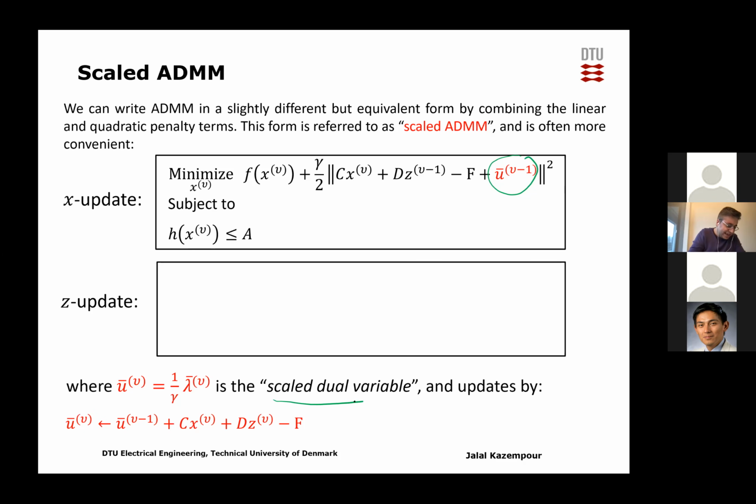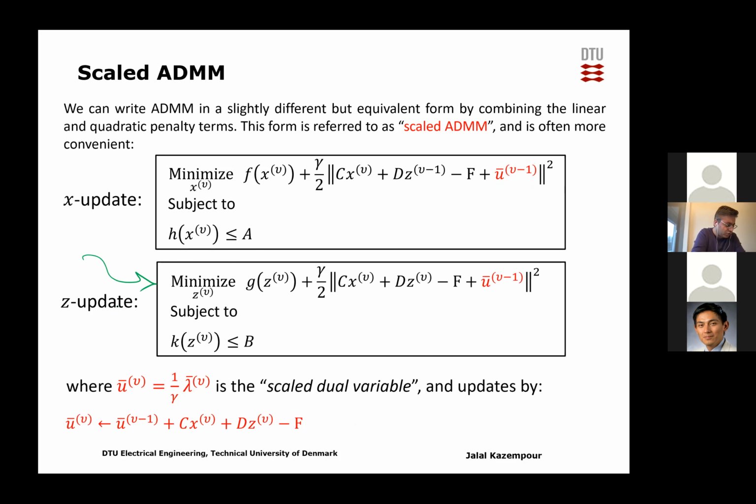We call it scaled dual variable. And here u bar is just 1 over gamma, which was our penalty coefficient, times the lambda bar. In a similar way, we can update u bar. And similarly, we can do it for the Z update.